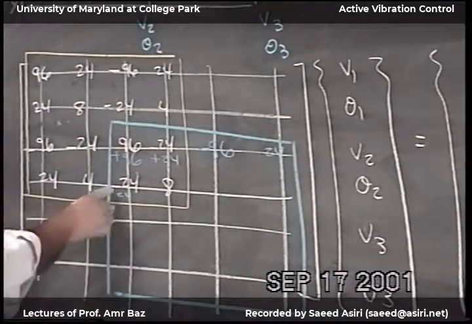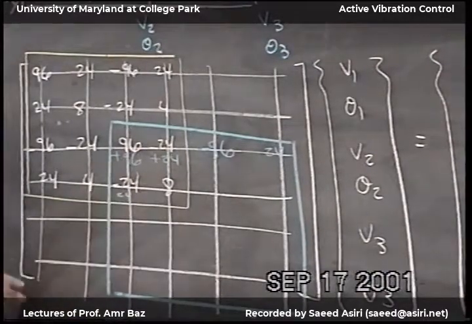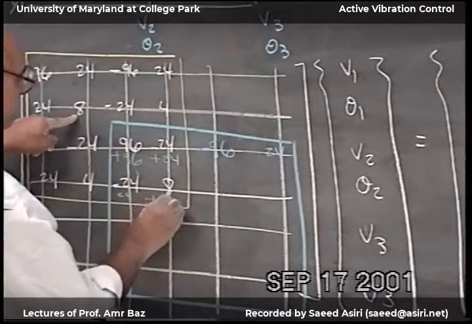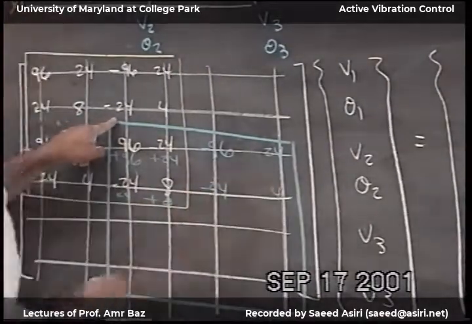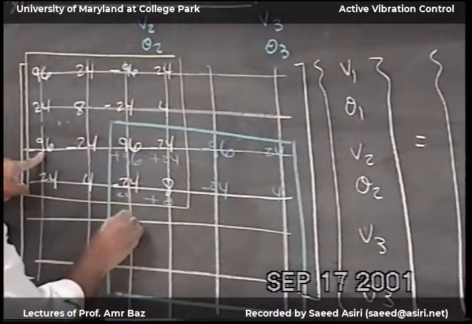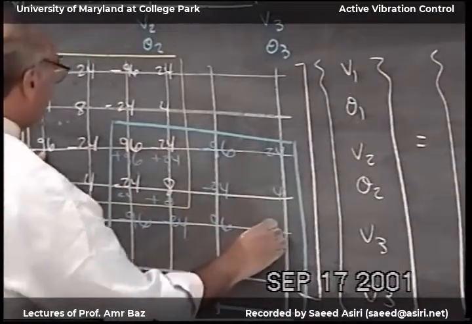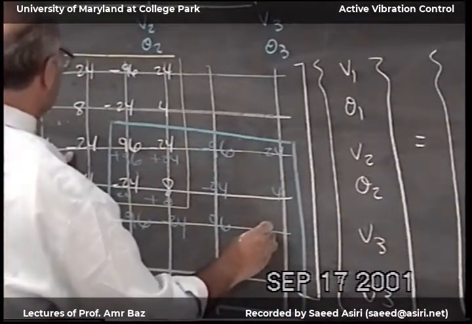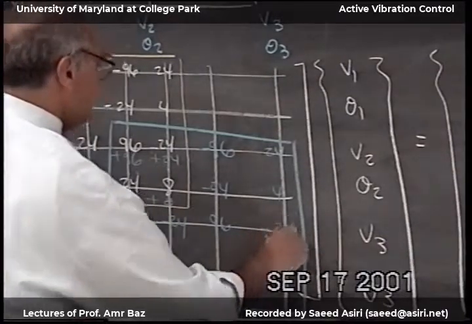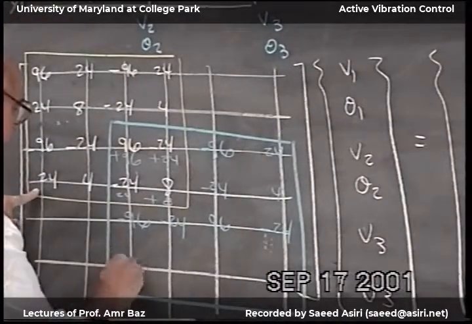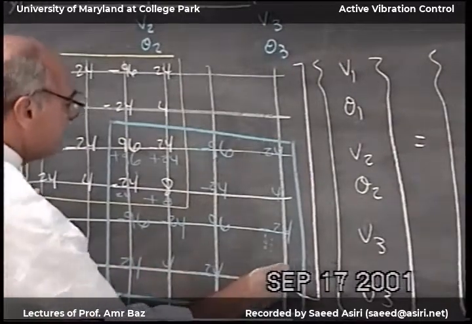It says minus 24 here. By symmetry. Okay, and then the 8 will come here. And then the remaining of the row, minus 24 and 4, minus 96, minus 24, 96, and minus 24. And then the last row is 24, 4, minus 24, and 8.